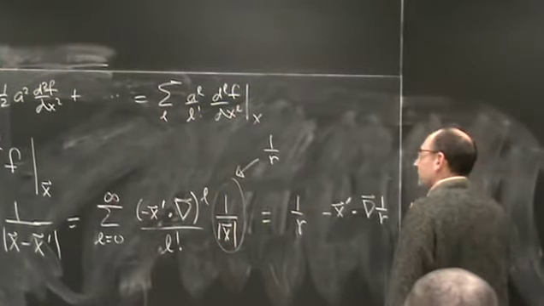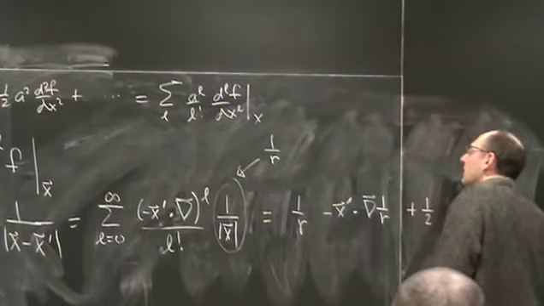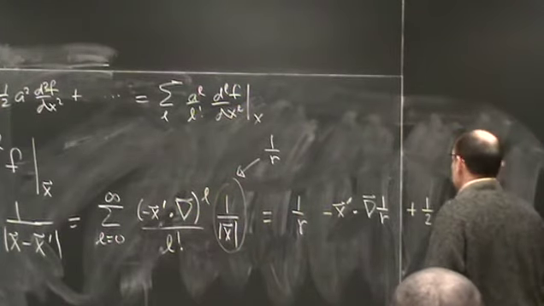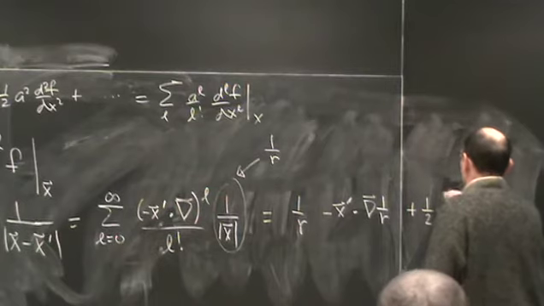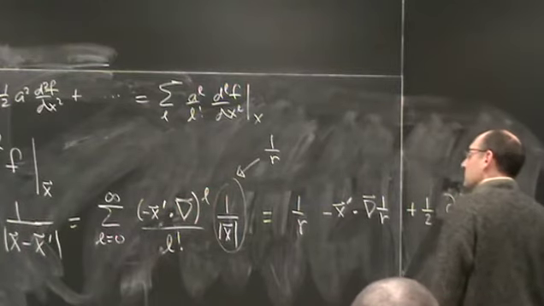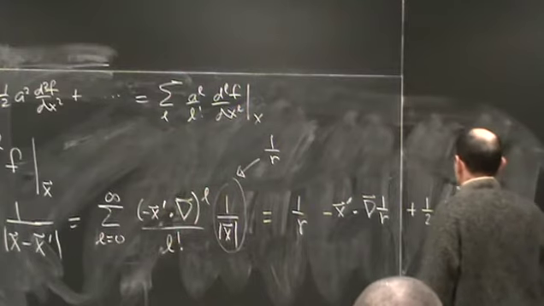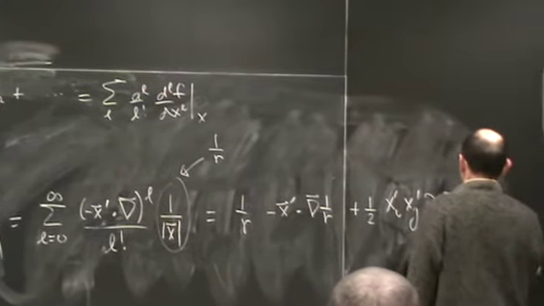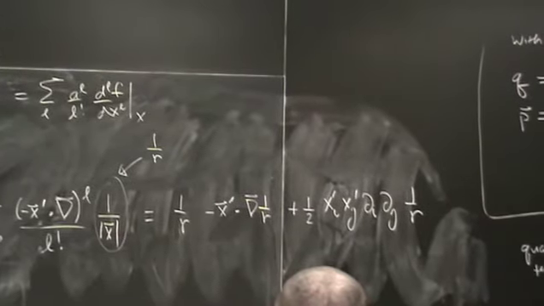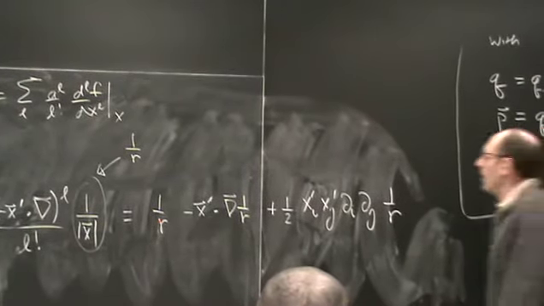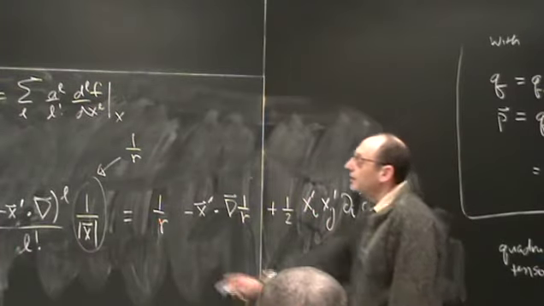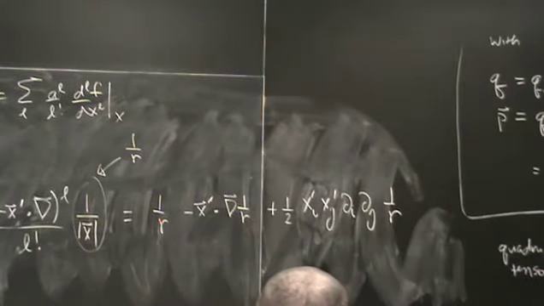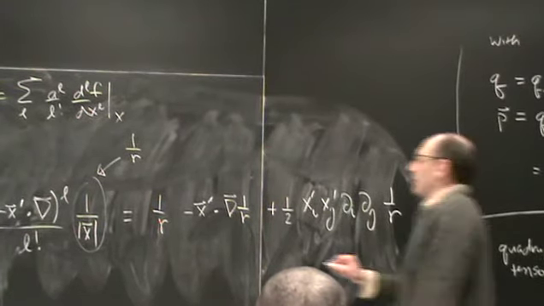And then we have plus a half of x prime i, x prime j, partial i, partial j, of 1 over r. That comes from the second order term. I have two dot products, this dot product and that dot product, because L equals 2. Plus and so on.